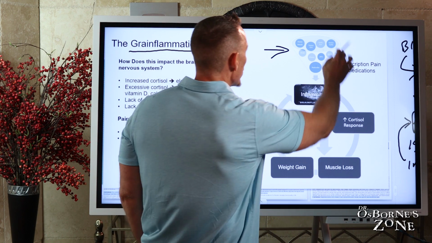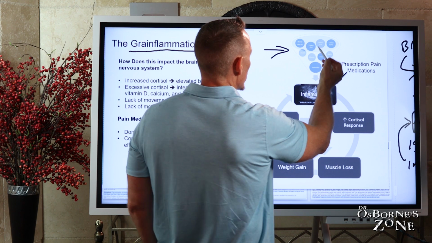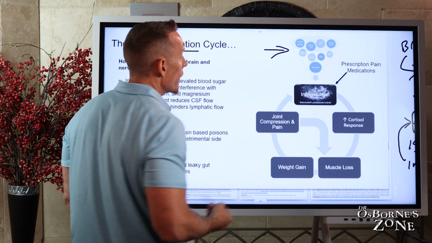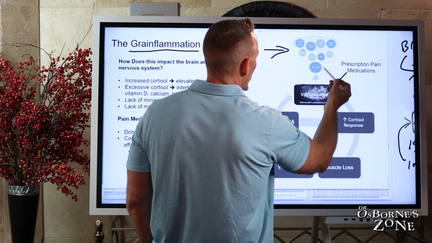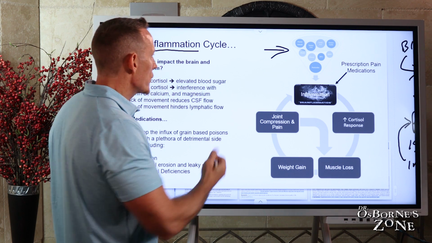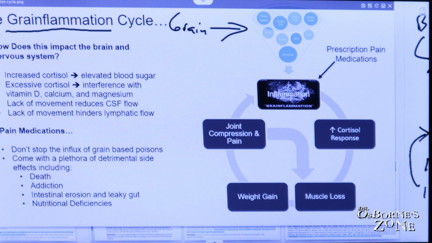But these concepts here, if you look at this funnel, you've got things like heavy metal, excessive omega-6, leaky gut, excessive carbs, mold, gluten, amylase trypsin inhibitors or ATIs, genetically modified organisms, and pesticides are all things that we know come in grain. So grain contains all of these properties, and in big part, these properties lead to inflammation. Now, that inflammation typically is why doctors prescribe pain medications, because many of these pain medications, what do they do?